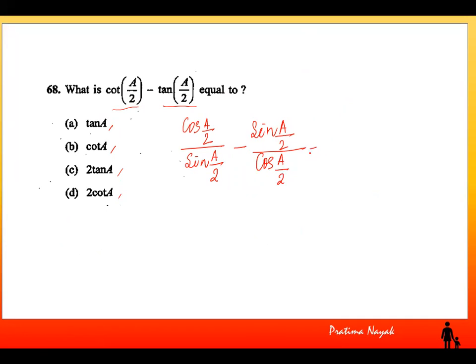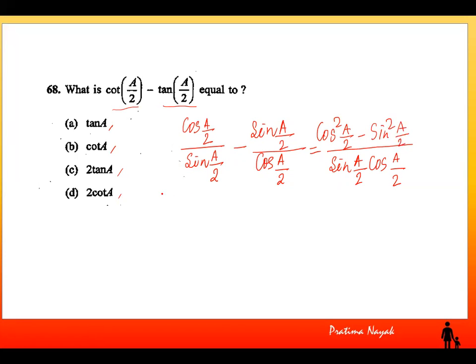Next I'll simplify. It will be sin A by 2 into cos A by 2 in the denominator, and in the numerator I'll get cos square A by 2 minus sin square A by 2.